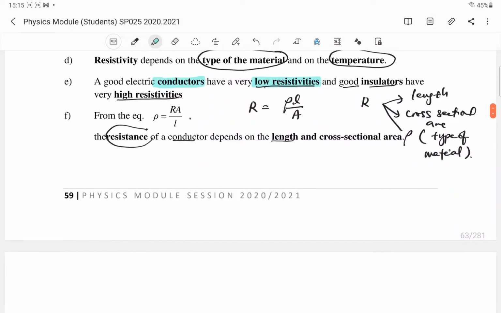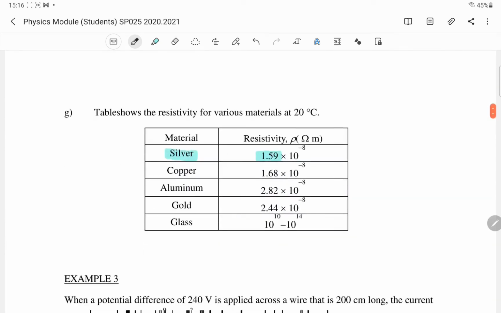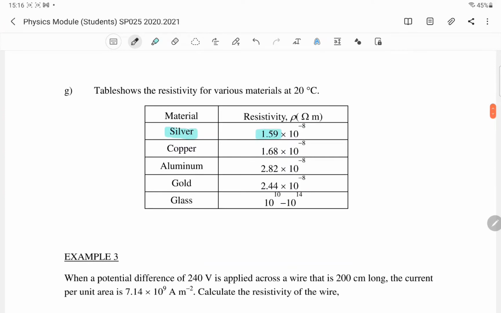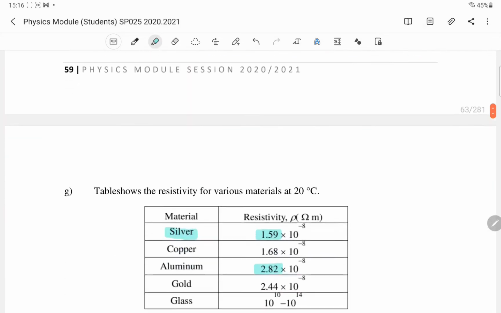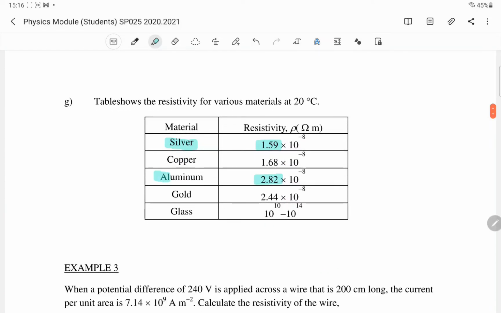And a good insulator has very high resistivity. Good insulator adalah kita punya poor conductor, very high resistivity. Yang mana very high? Kita ada very high is aluminium. Aluminium kita punya good insulator.